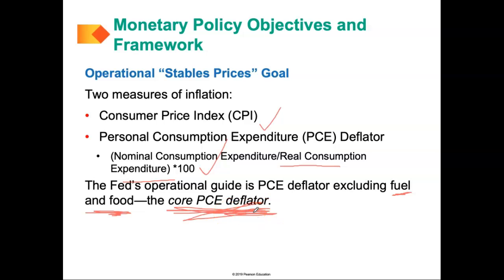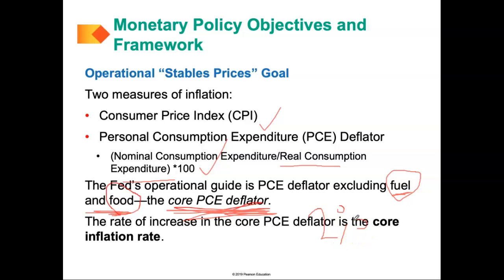The core PCE deflator excludes fuel prices such as oil prices and natural gas prices, and also typically food prices such as corn prices or just general food prices. We exclude them because, like I said, they're highly volatile and don't give a clear indication of price changes. So ideally, this should be around 2%, and if it's 2%, it's basically good.